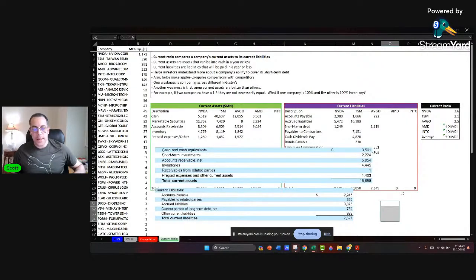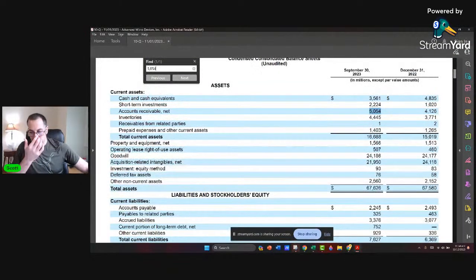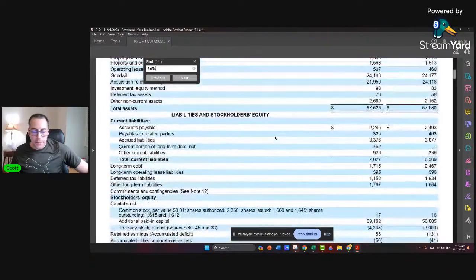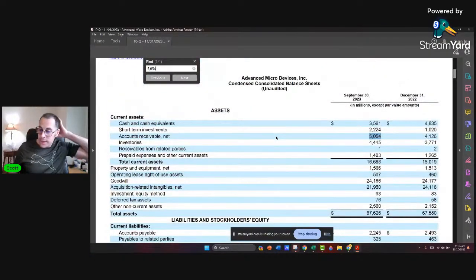And there's also, what's it called? They might have it listed on the balance sheet. No, they probably don't list it. It would be here. It's called allowance for doubtful accounts, what they expect not to receive from the accounts receivable.